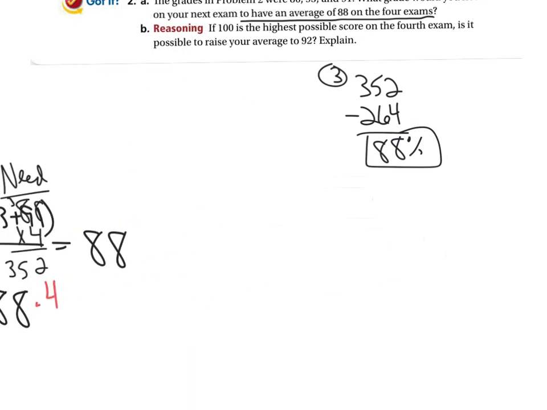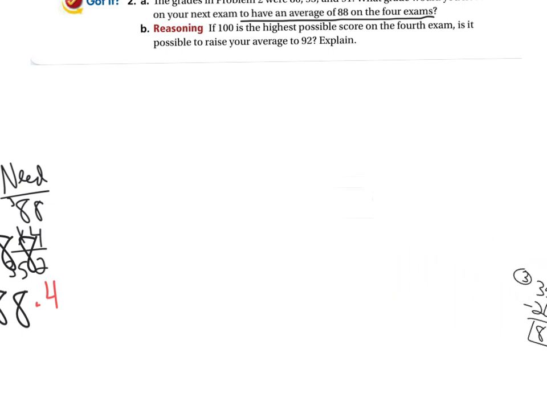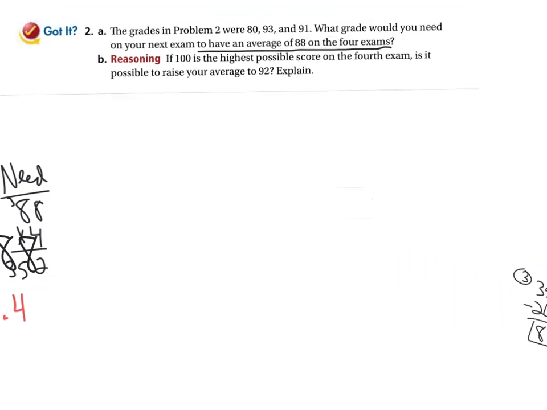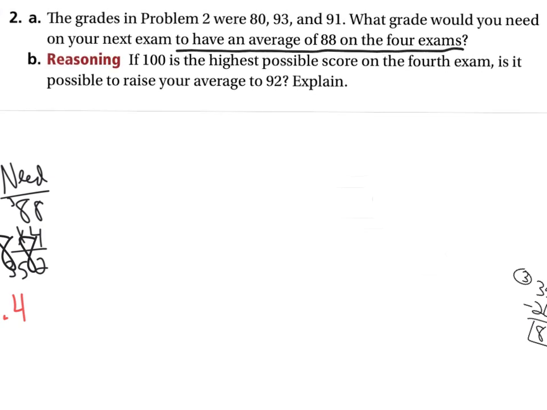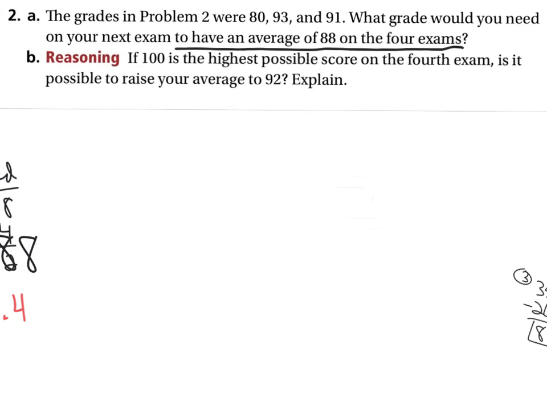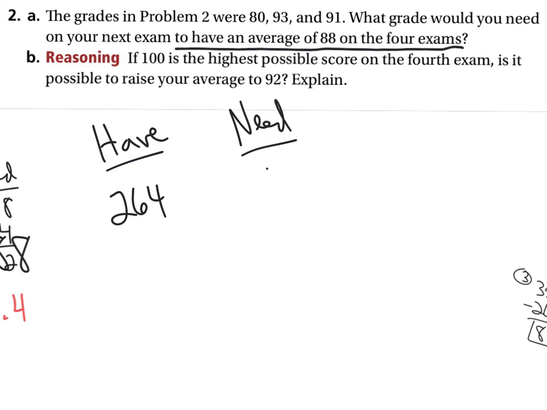And then part B, it says if 100 is the highest possible score on the 4th exam, is it possible to raise your average to 92? So we had 264. If we're going to try to get a 92 average for 4 tests, 92 times 4 would be 368.